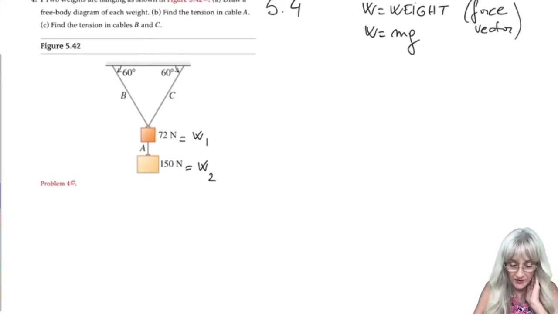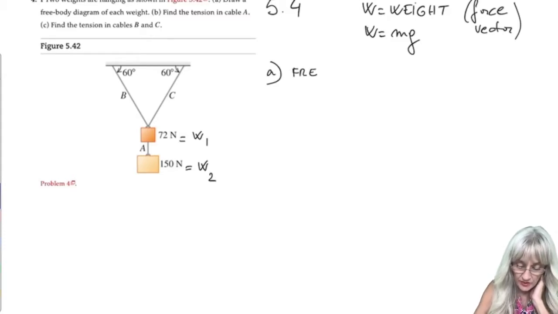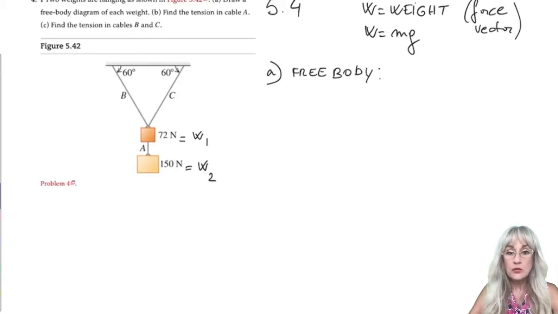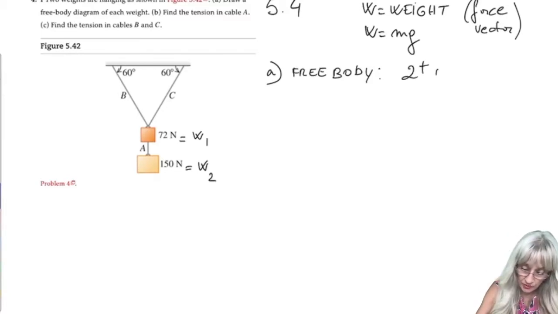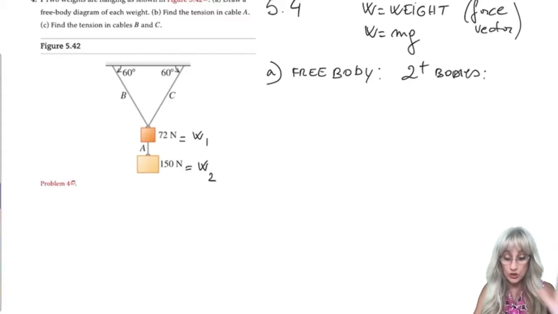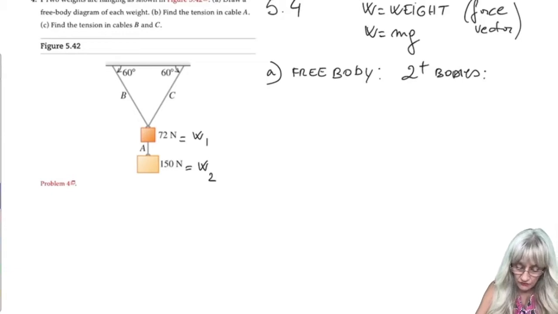So what we want to find is in a free body diagram, then we are going to find the tension in cables A, B, and C. For the free body diagram, when you have 2 or more bodies, always divide in 2. So I'm going to do the first one for weight 1, and then I will do the second for weight 2.